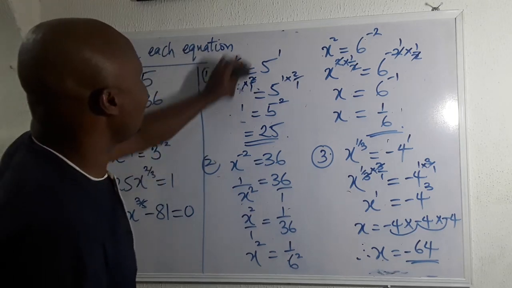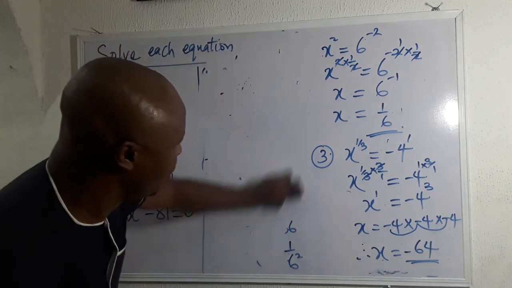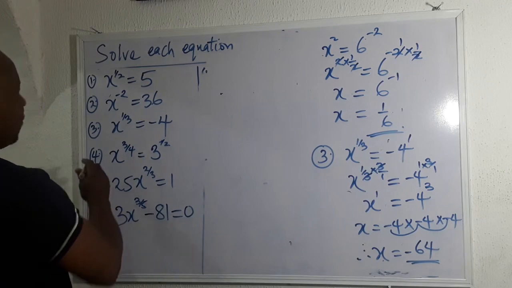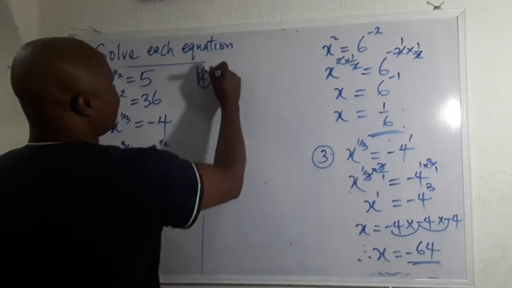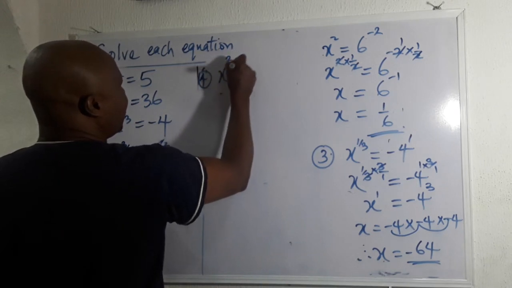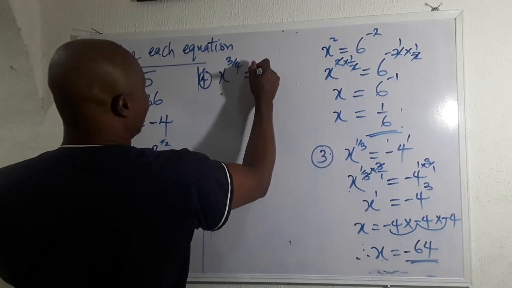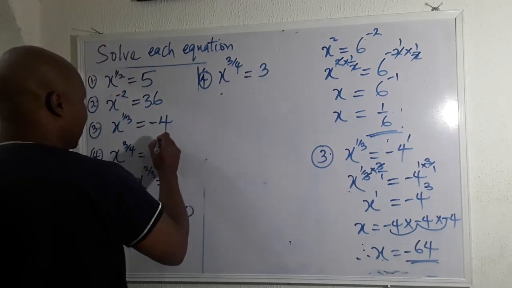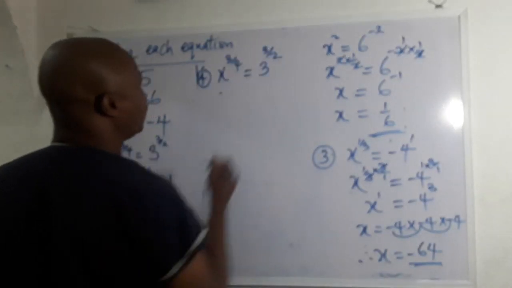Then, let's look at the fourth question very quickly. We are told that x raised to power 3 over 4 is equal to 3 raised to power 3 over 2.